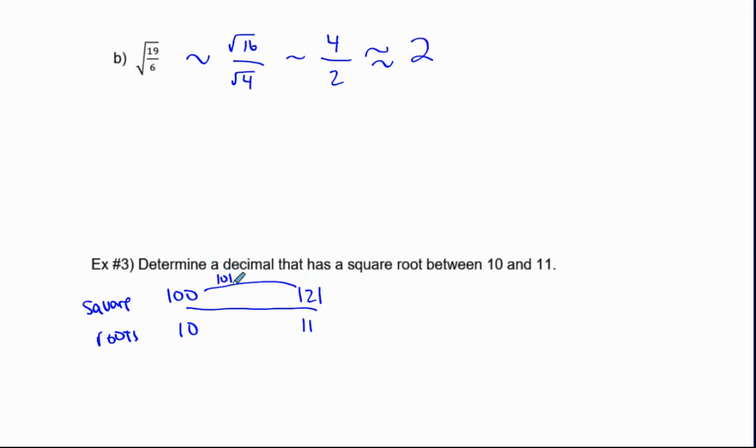So I could say 101 will have a square root between 10 and 11, 102, 103, and so on up to 120. So all of these numbers will. So pick one of those. I'm going to pick 113 because it's fun. So 113 is one example, but you can pick any number in there between 101 and 120.